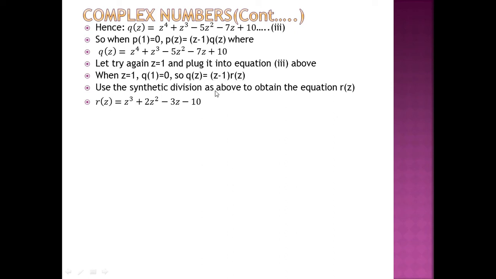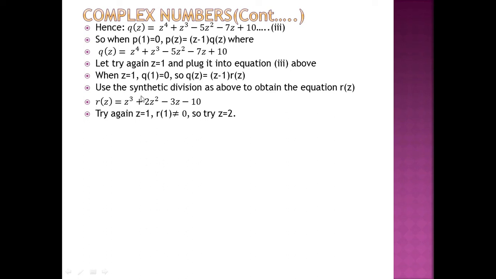You use synthetic division as above to obtain the equation r(z). Now r(z) is going to be this much. Now you follow the same procedures as above, then you will have this one. Now try again. z equal to 1, then r(1) is not going to be 0.